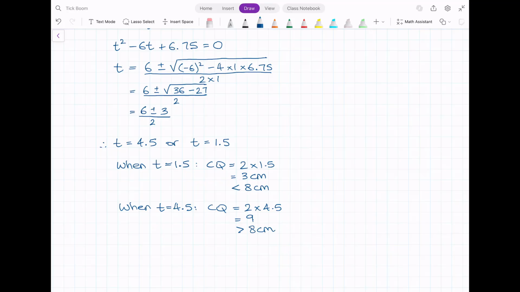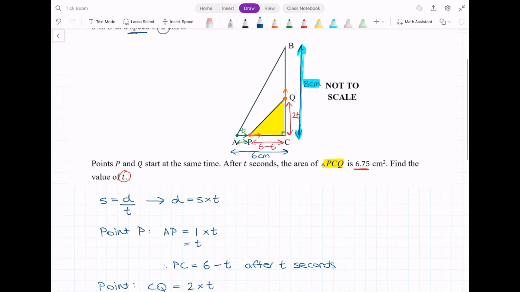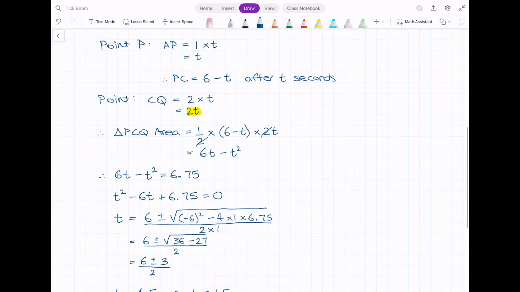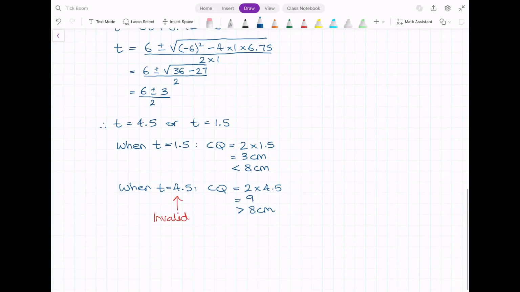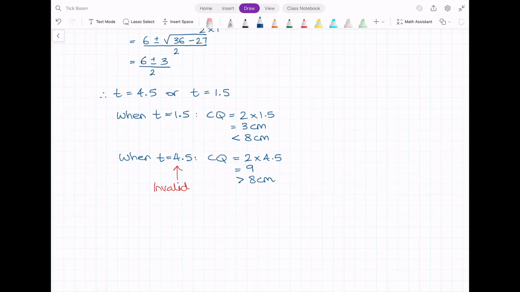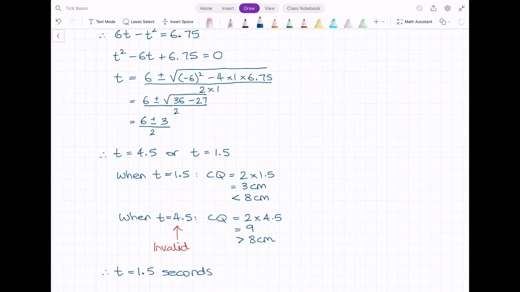So in other words, 4.5 seconds is too long. 4.5 seconds means the point Q has moved farther than it can, and so we need to strike it out. We need to say that this is an invalid solution for this triangle. So that gives us our final answer. So therefore we can conclude, therefore, t is equal to 1.5 seconds is our solution. And that's how we tackle that question.